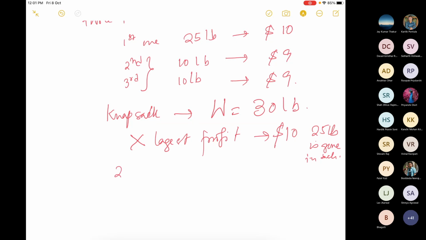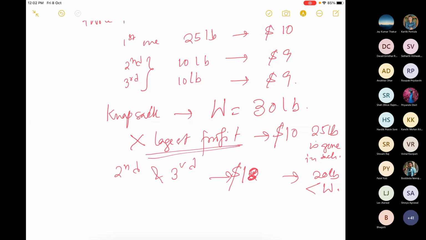You can take the second and the third, giving you a total profit of $18, and the knapsack now has 20 pounds, which is less than W, well within the weight. Since you cannot break this 10 pounds into 5 pounds or some other fractions, this strategy of taking the largest profit first does not work.